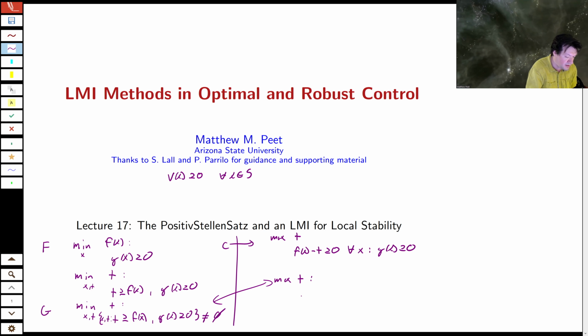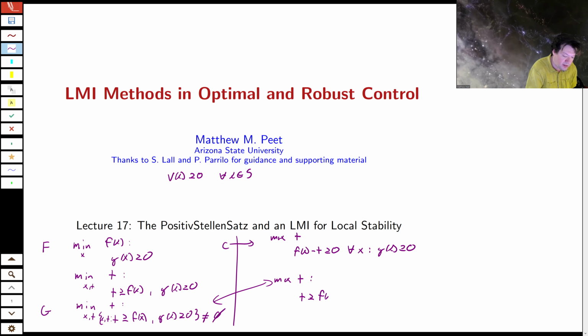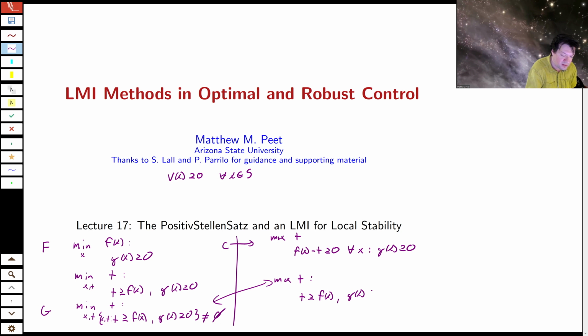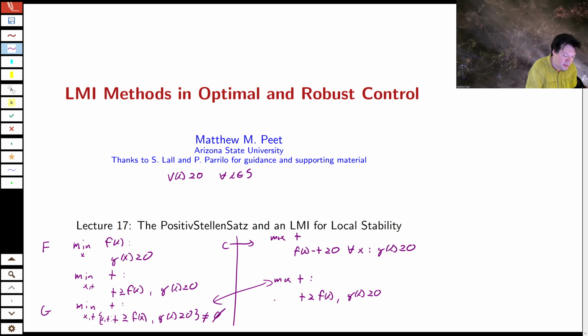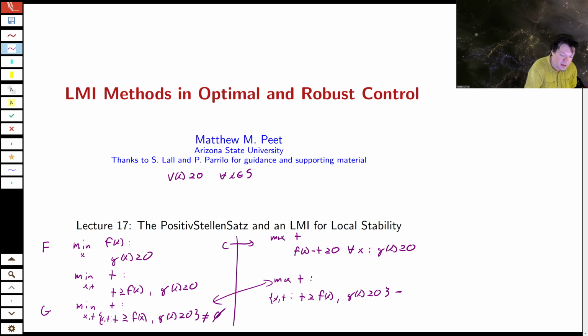So max t such that the set x comma t such that t is greater than or equal to f of x with g of x greater than or equal to 0 is infeasible.